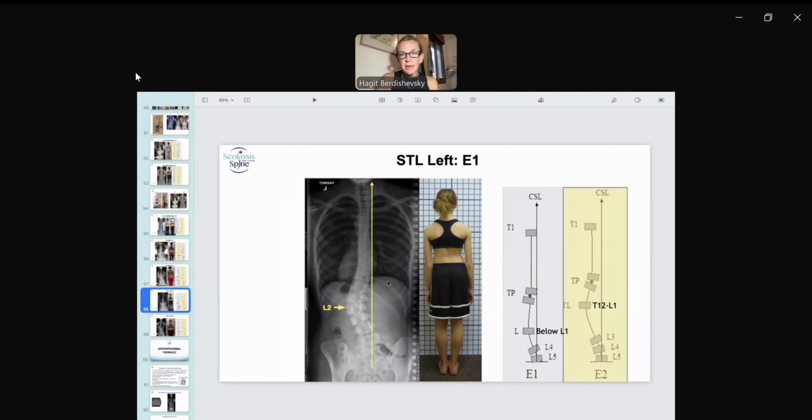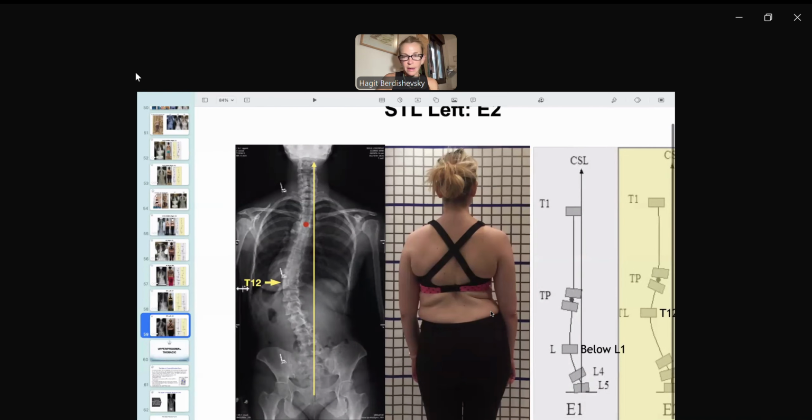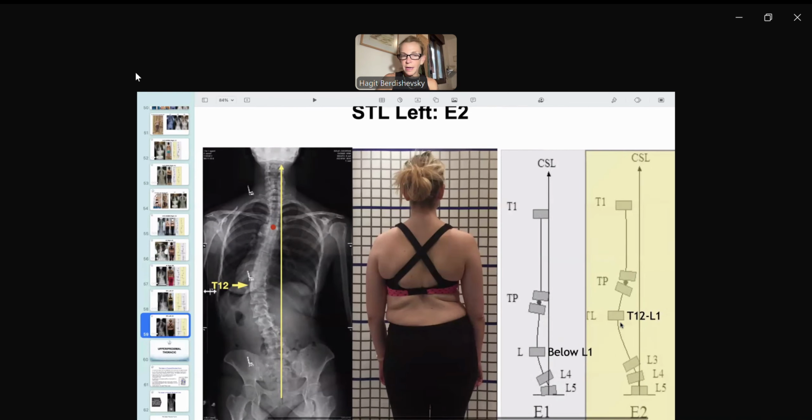So this is a single lumbar apex at L2. Therefore, it's going to be an E1 type, below L1, the apex. And this is an apex at T12, and therefore this is a long thoracolumbar.